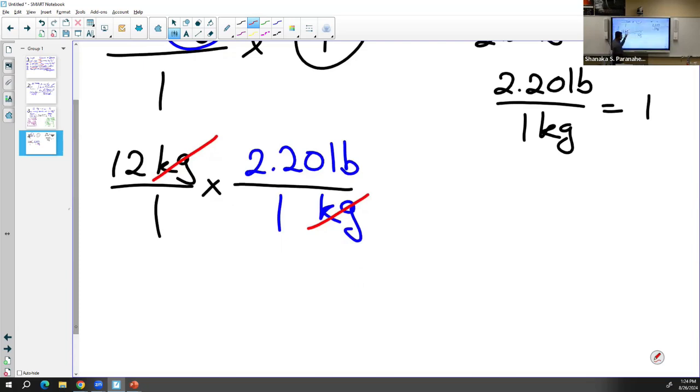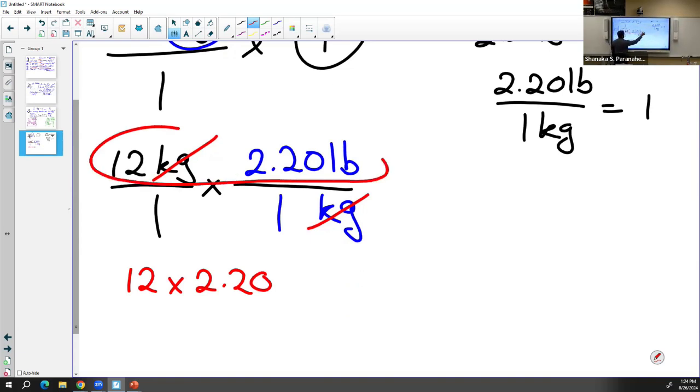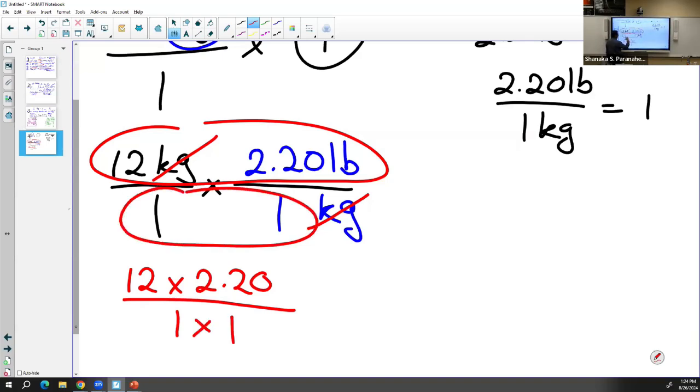Now this is a simple multiplication and division. 12 times 2.20, everything in the numerator multiplied together, divided by 1 times 1, everything in the denominator multiplied together. 1 times 1 is 1.